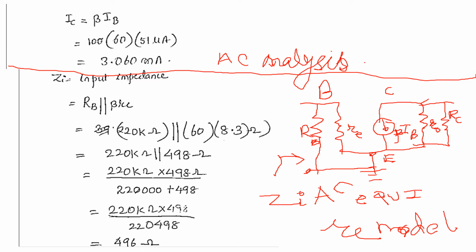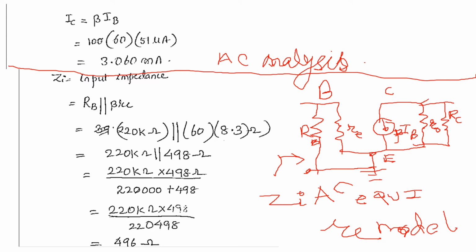Now why is that beta coming over here? Go through the analysis we did for the emitter bias common emitter configuration amplifier.